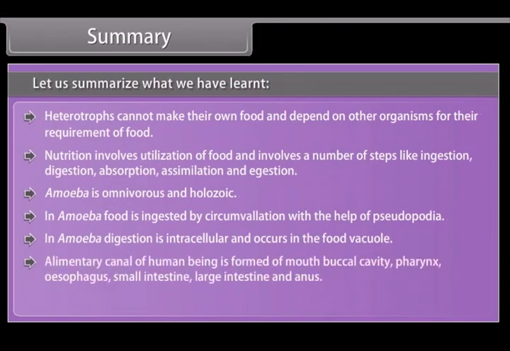The alimentary canal of a human being is formed of mouth, buccal cavity, pharynx, esophagus, stomach, small intestine, large intestine, and anus. Teeth in man are heterodont.